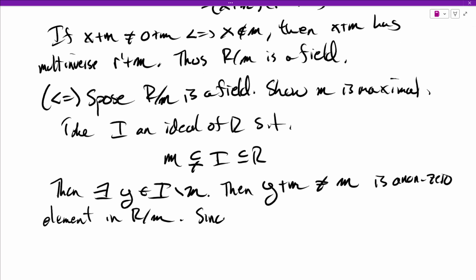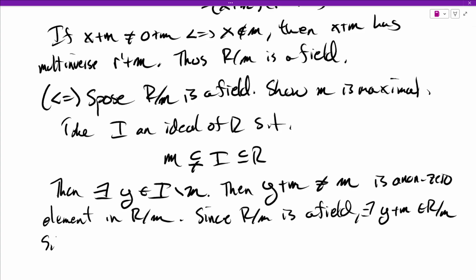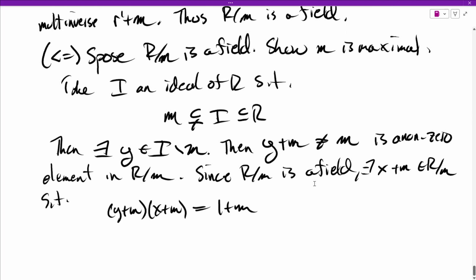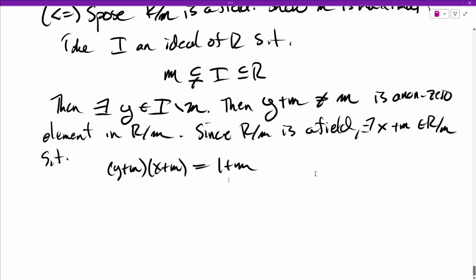Since the quotient is a field, there exists some x plus M in it such that y plus M times x plus M is 1 plus M. Because it's a field, I have multiplicative inverses to all my elements. But the left-hand side is yx plus M. So yx and 1 belong to the same coset.